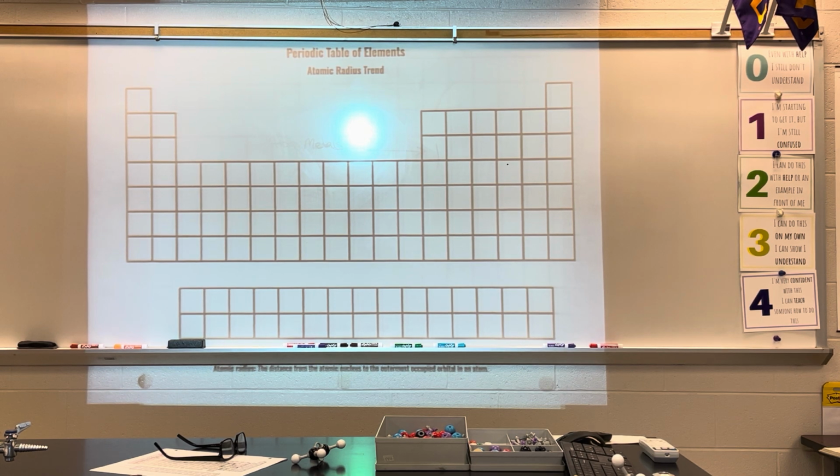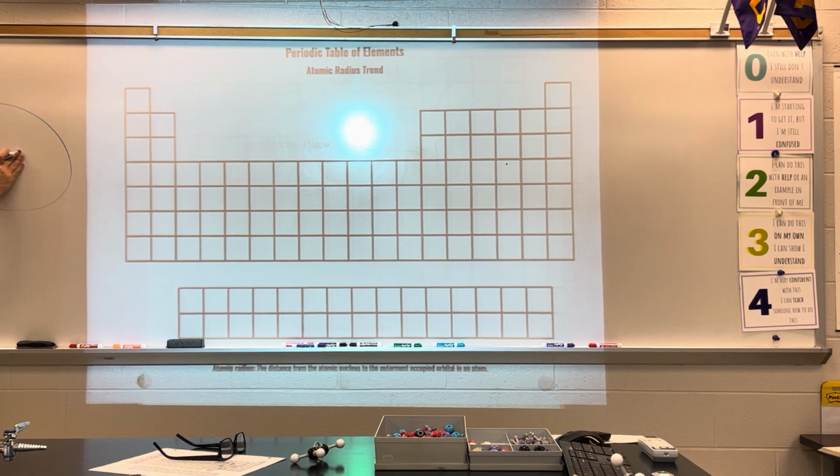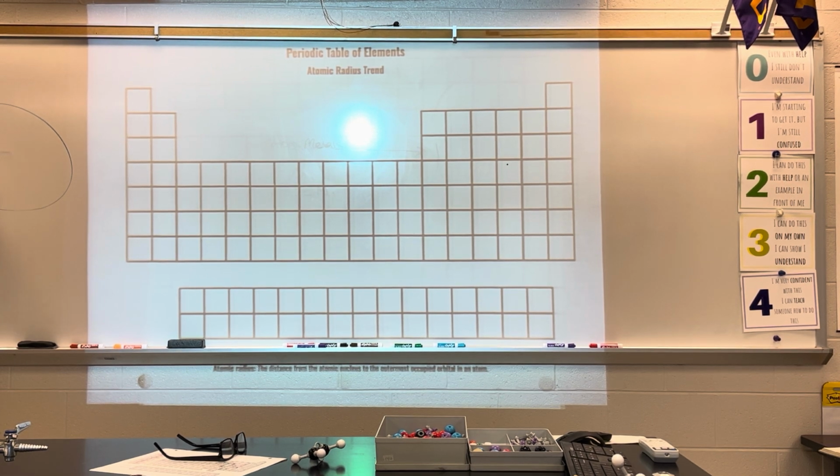That's the atomic radius. Sometimes, on the periodic table that I gave to you, they'll give it as a covalent radius, where it's the distance between the two nuclei, and then they just cut it in half. Because that outer edge, remember, is the electron held in a fixed orbit? No. It's in an orbital.